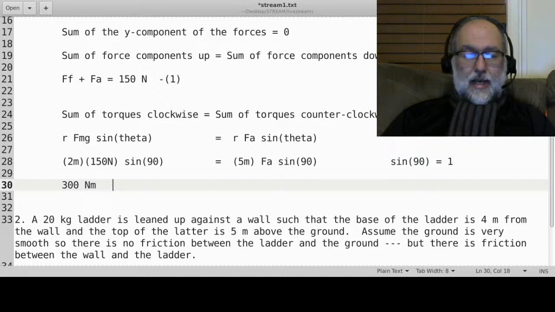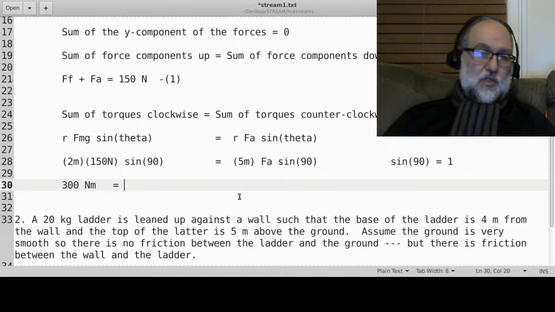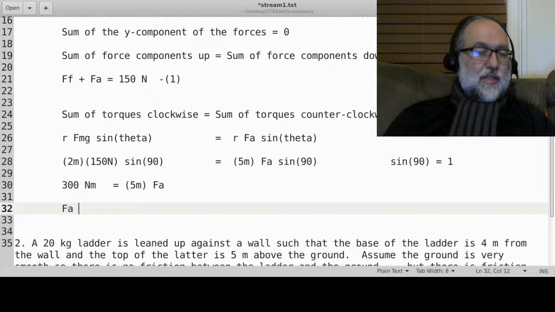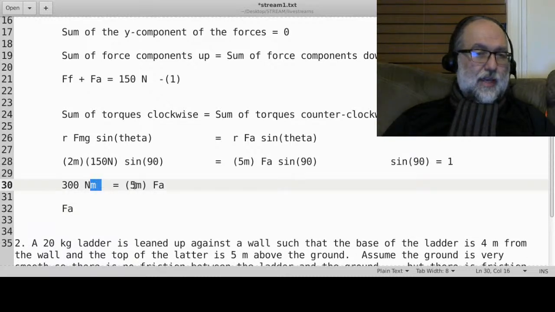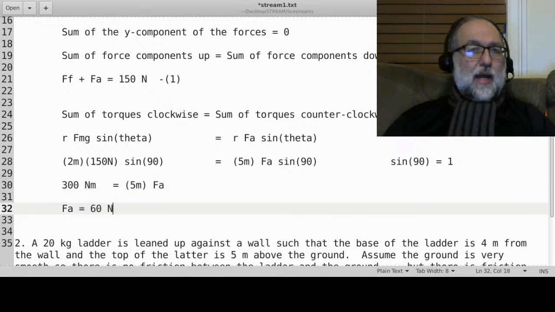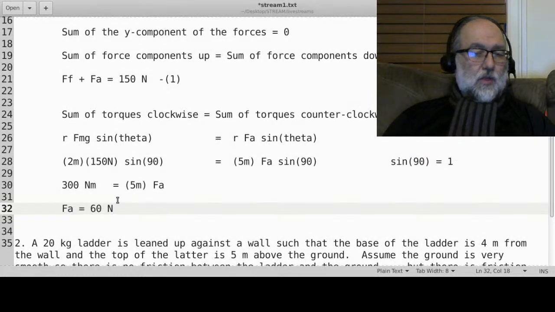And that's got to equal, on the other side, 5 meters times sine of 90 degrees, which is 1, times FA. Notice that the meters cancel out, and you'll get an answer in newtons. So it's going to be 60 newtons, because 300 divided by 5 is 60.